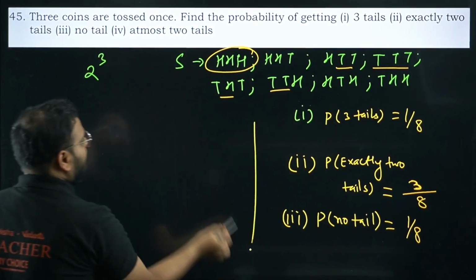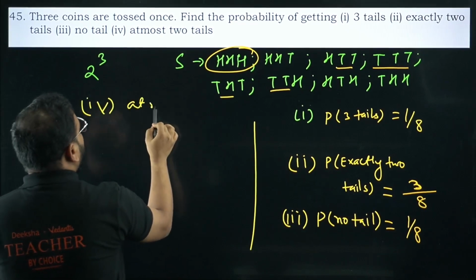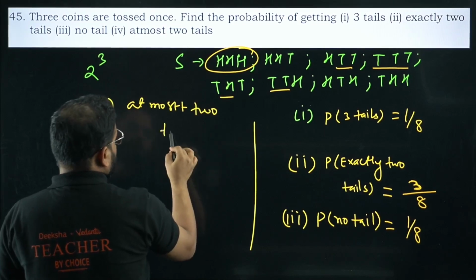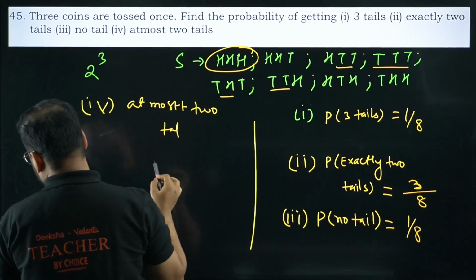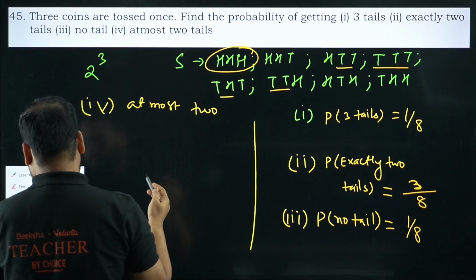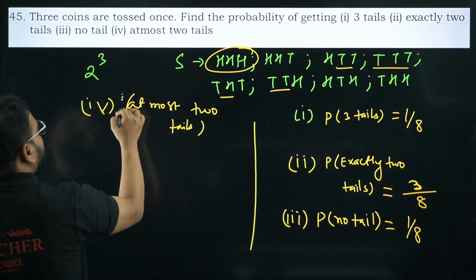Last one, fourth part. What is this? At most 2 tails. Probability of getting this, please check.